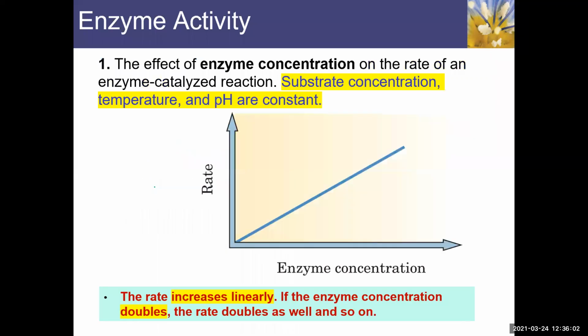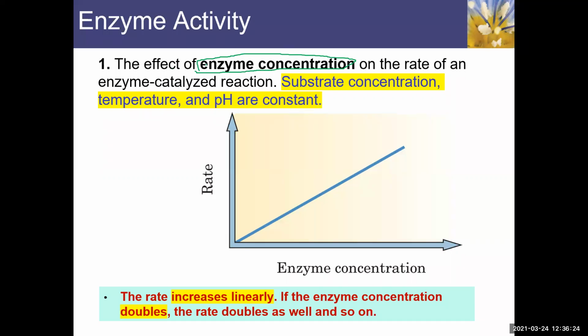In the first experiment, we are trying to see the effect of the enzyme concentration. Do we really need enzyme for a reaction? What will happen if you increase the quantity of the enzyme?